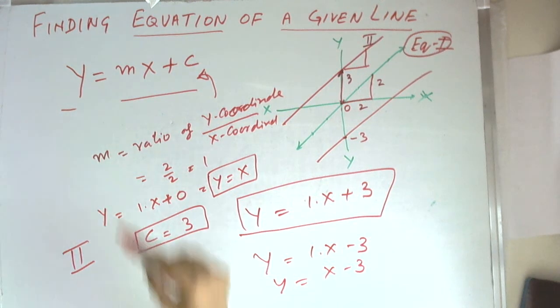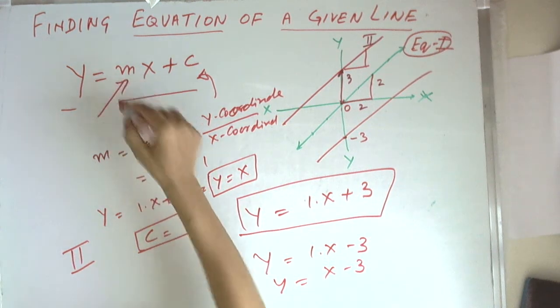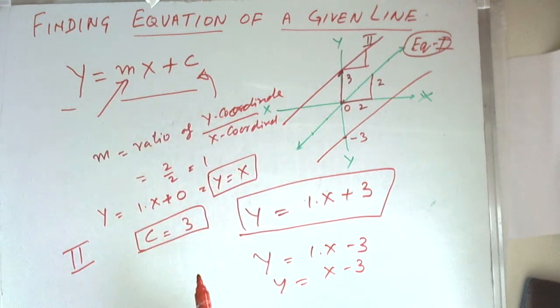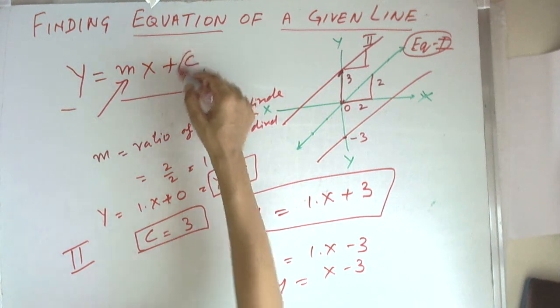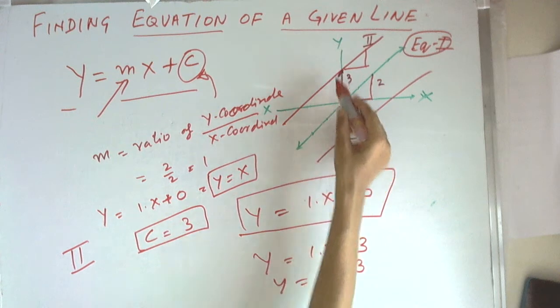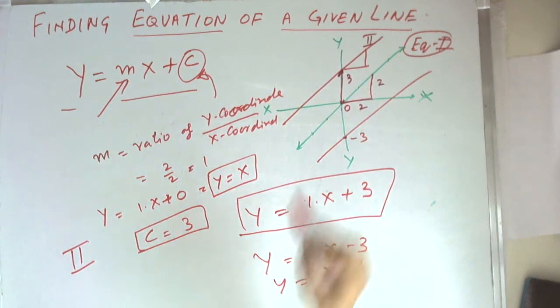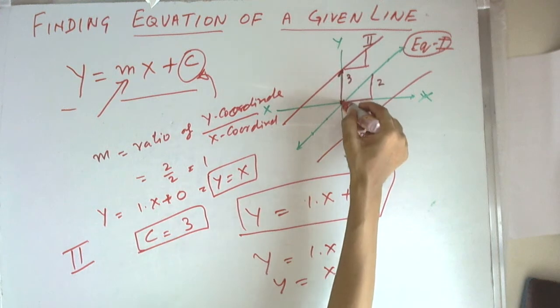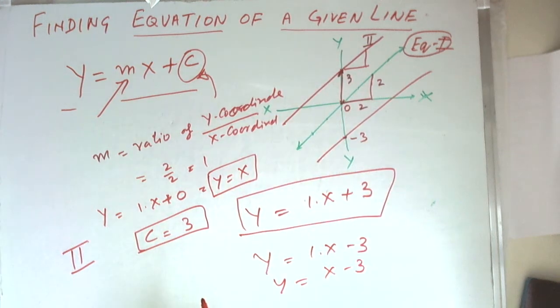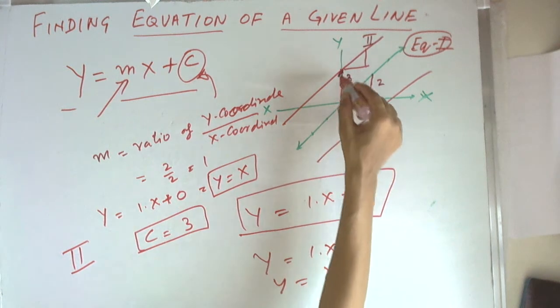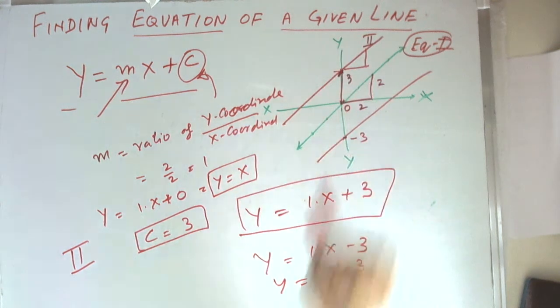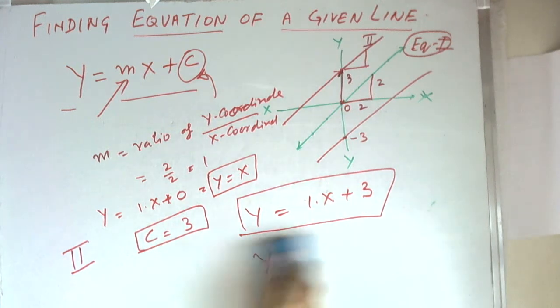So let us understand, this is m, which is the ratio of y coordinate divided by x coordinate, and c is the intersection of the line on the y-axis, and its coordinate at that point is c. So in this case it is 0, in this case it was plus 3, in this case it was minus 3. So now let us see one more example.